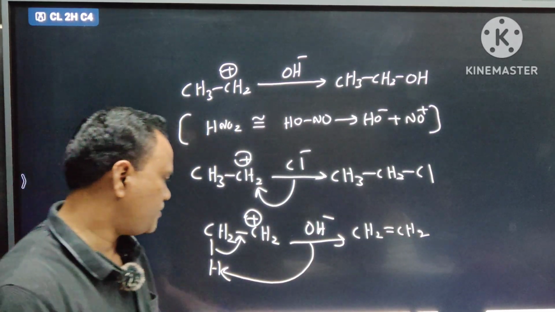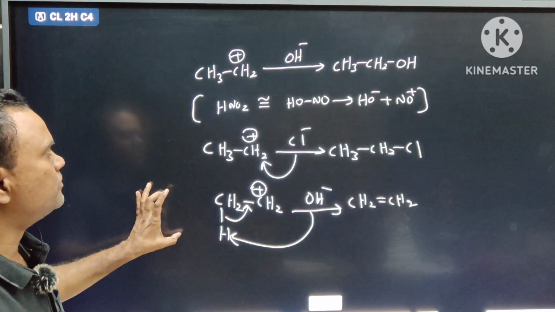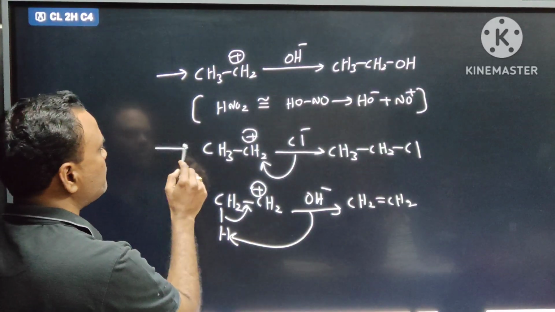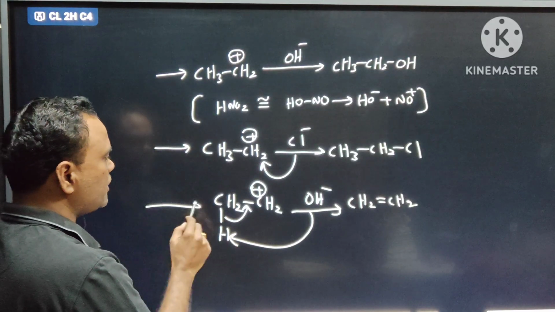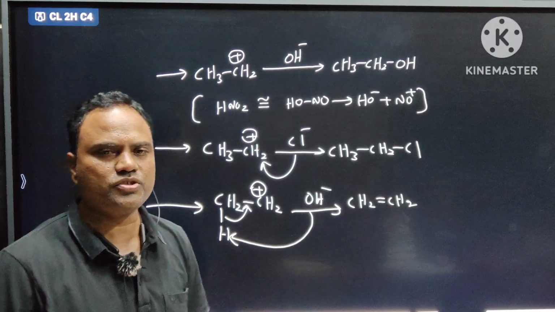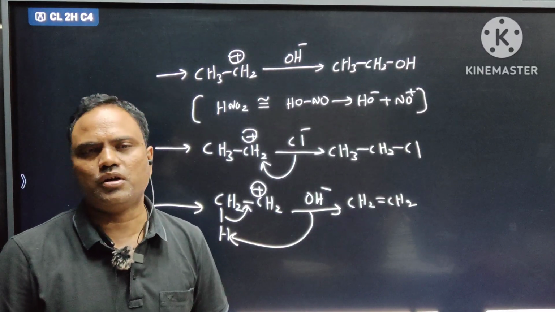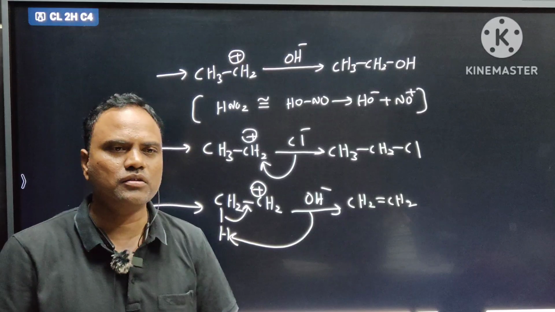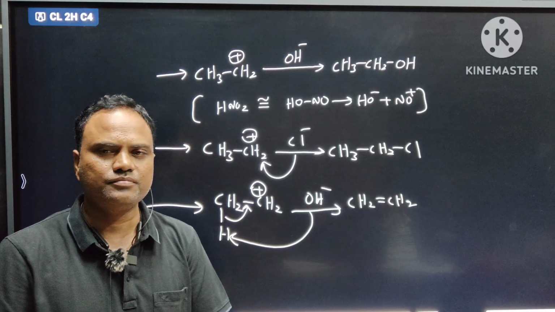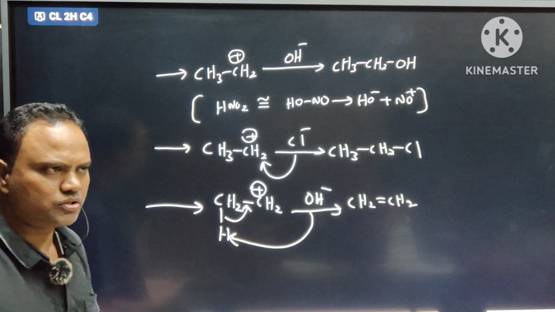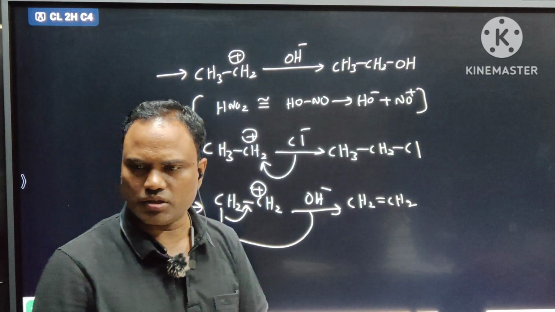This is the complete step by step mechanism: preparation of alcohol, production of alkyl halide and production of alkene. But out of these three, which is major? Alcohol is the major product. Clear? What is the name of this alcohol? Ethyl alcohol, or ethanol.